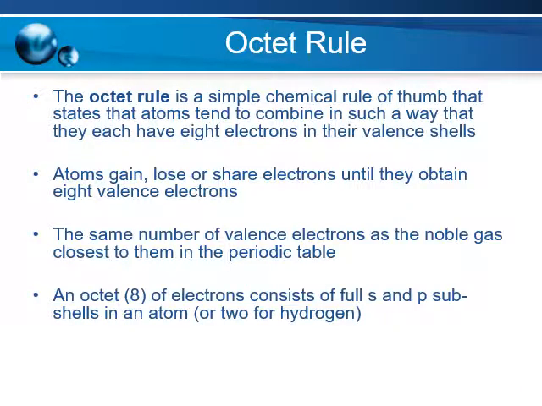Okay, the octet rule is a simple rule of thumb that states that atoms tend to combine in such a way that they have 8 electrons in the valence shell. Atoms will gain, lose or share electrons to obtain the octet, the same number of valence electrons as the noble gas closest to them in the periodic table. An octet normally consists of a full s and full p.